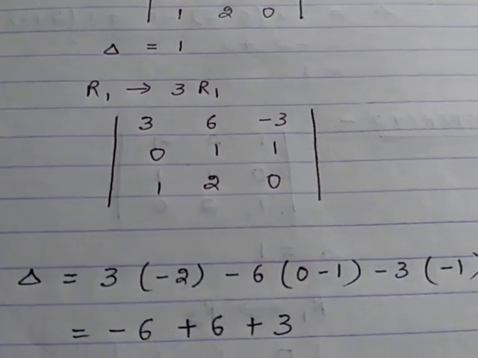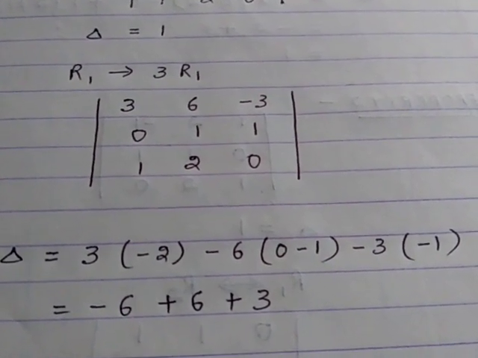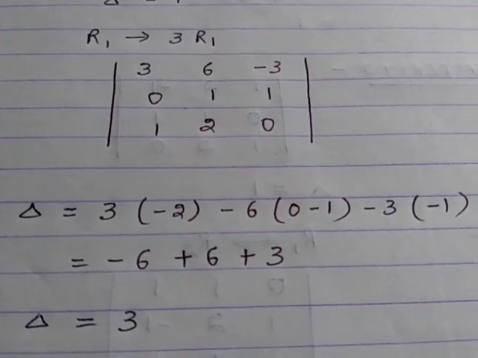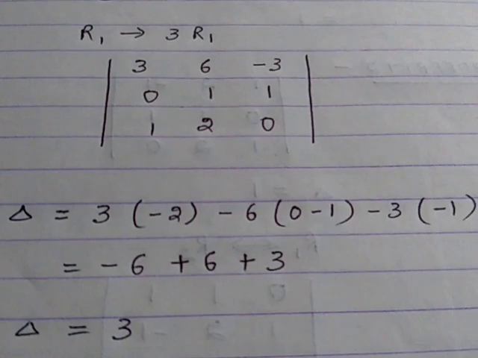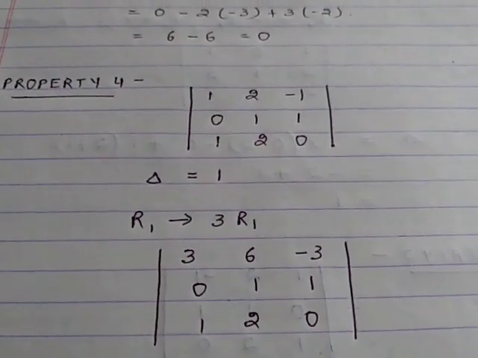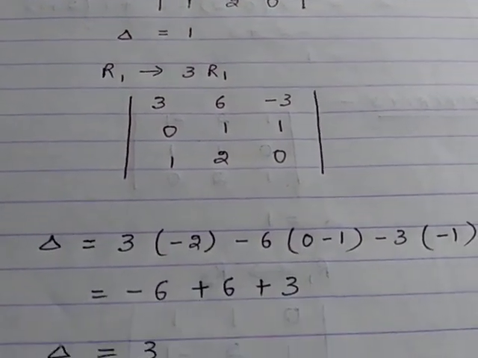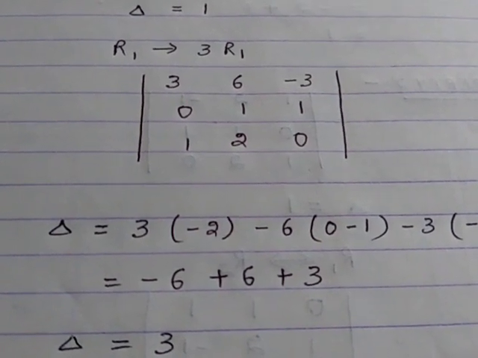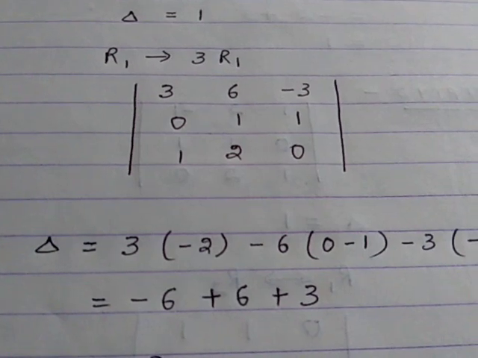Now again we are expanding it, and you can see that its value is 3. Before applying the property, its value was 1. But after applying the property, its value is 3. So, property number 4 is verified.